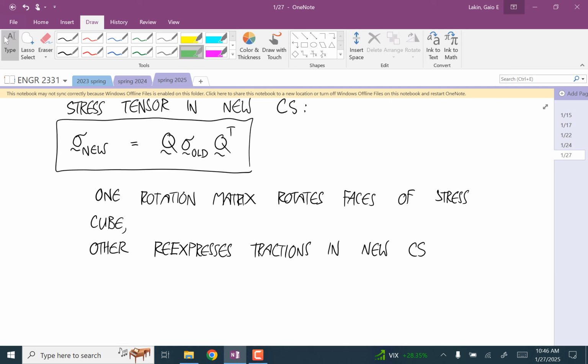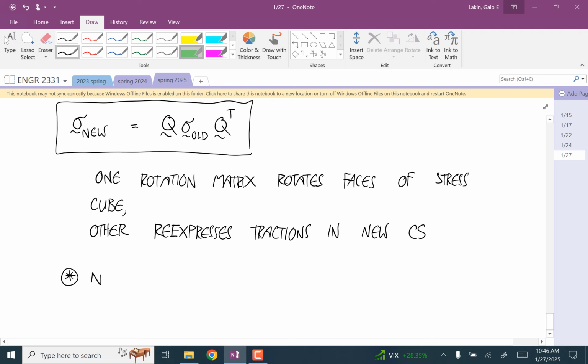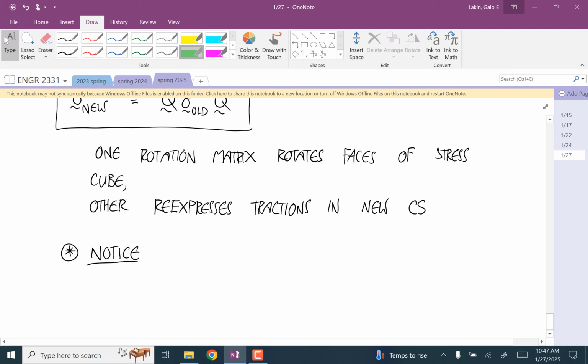And one thing to notice, this is the last thing I'm going to say here. What is that transpose doing? I mentioned this when I was talking about types of matrices. Remember that rotation matrices are a type of matrix called orthogonal. If you look at the columns, they're mutually perpendicular vectors.